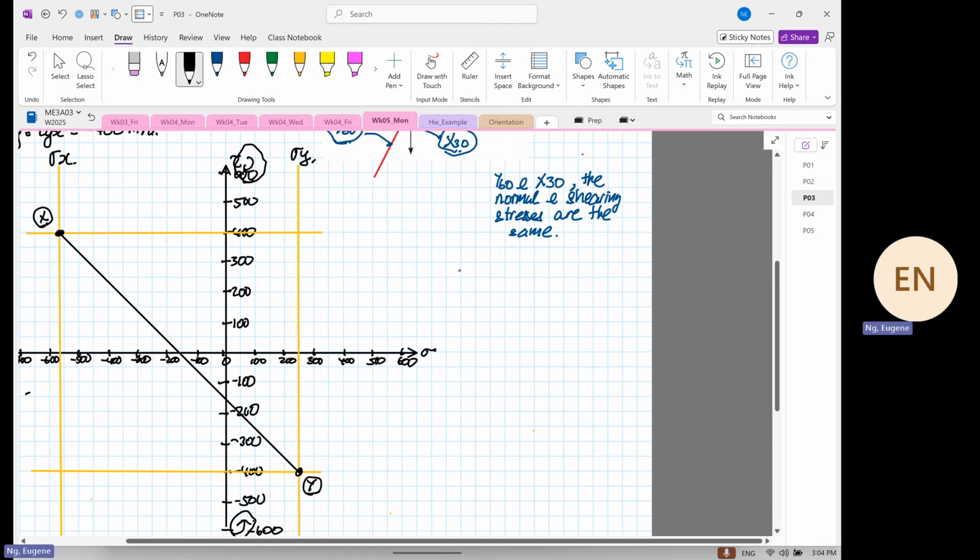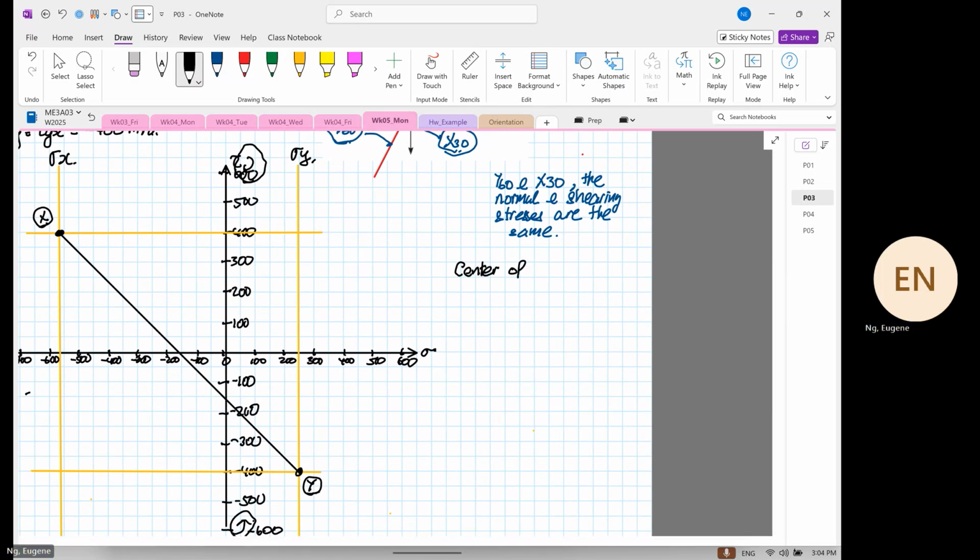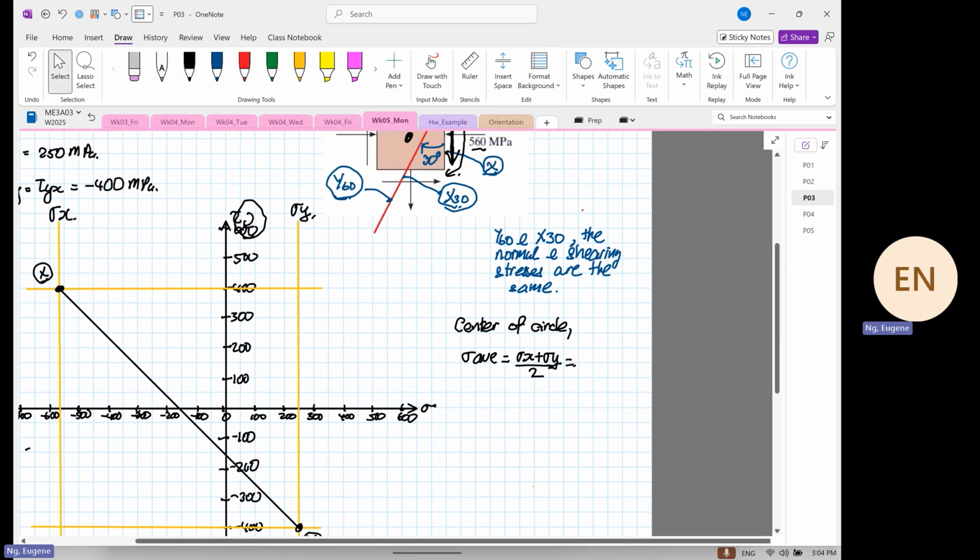We are going to calculate the center of the circle, which is known as our stress average. The center of the circle is stress X plus stress Y divided by 2. If you don't write the formula, I'm also fine with it.